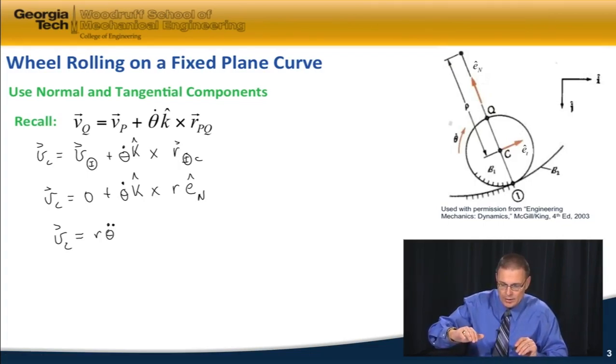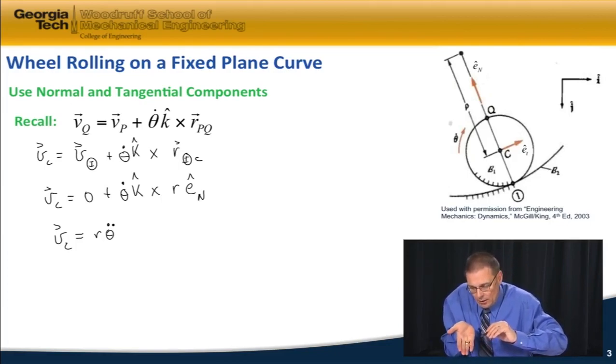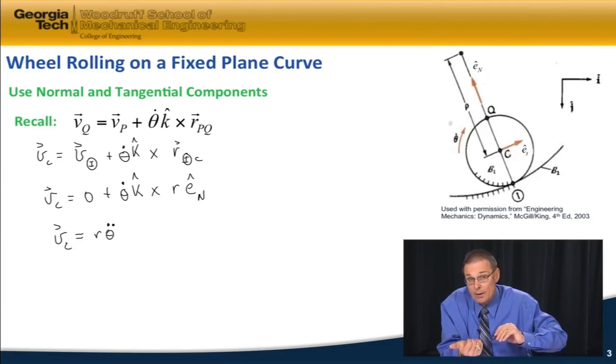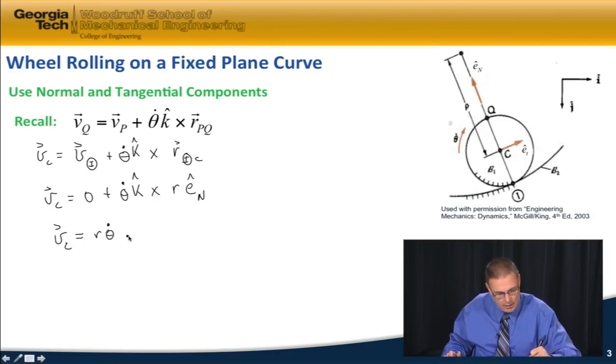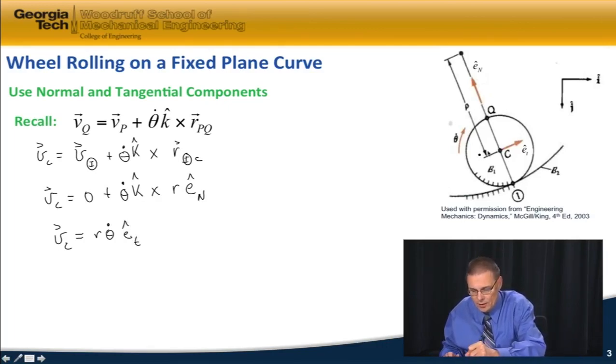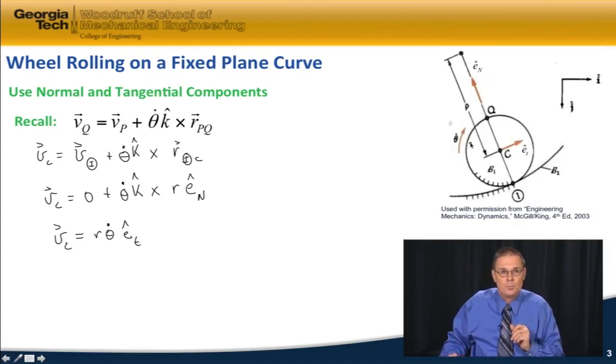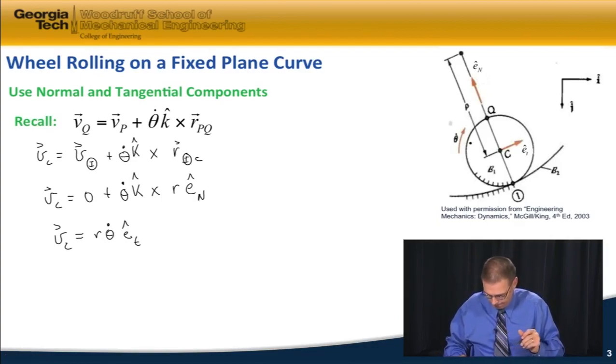I'm now going to cross k with e normal. So k is down into the board, and I'm crossing it with e sub n. By the right-hand rule, that means that the direction now is e tangential. And that makes sense. The velocity is tangent to the path, and its magnitude, which we call the speed, is equal to r theta dot.